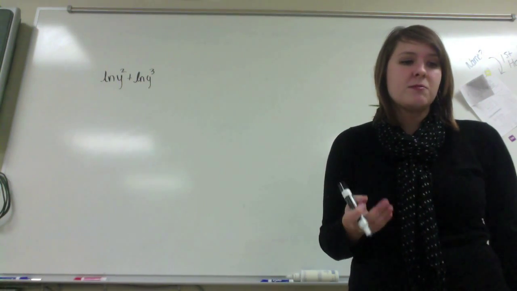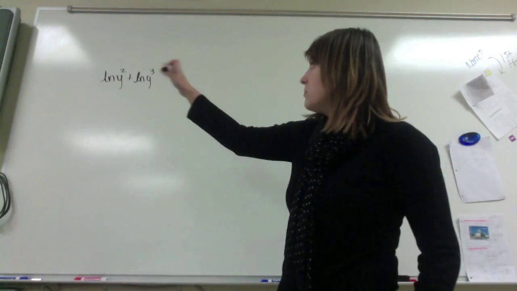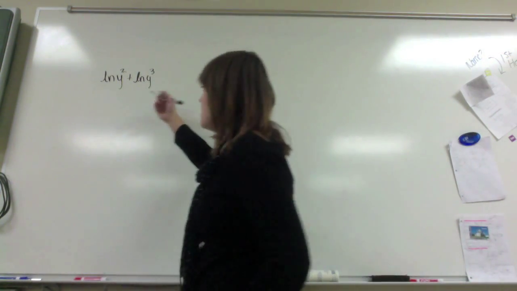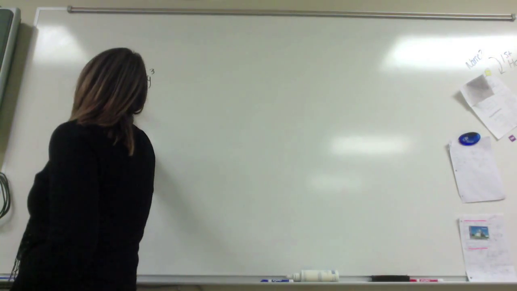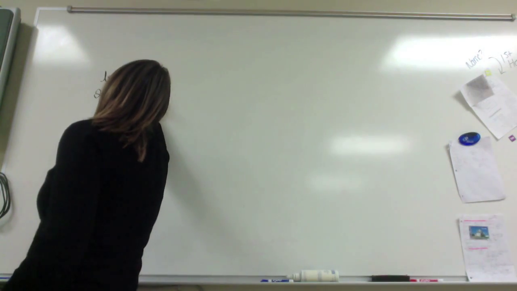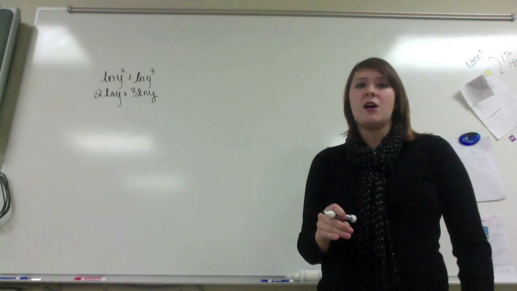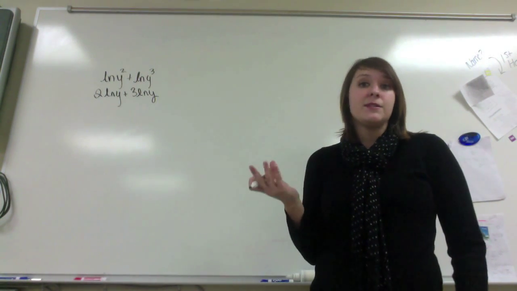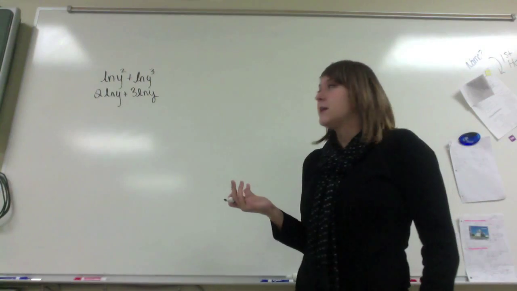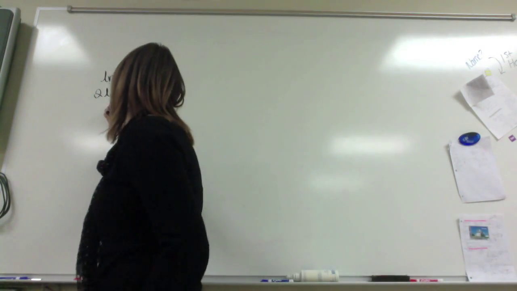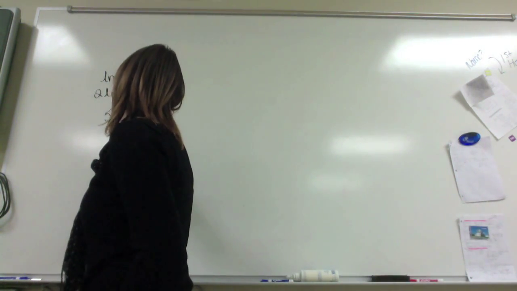So I'm going to start by using my logarithm of a power rule, and I'm just going to move that 2 down and move that 3 down. So I get 2 times the natural log of y plus 3 times the natural log of y. Okay, notice that those are both natural log of y. So basically these are like terms. So I can combine these like terms to get 5 natural log of y.